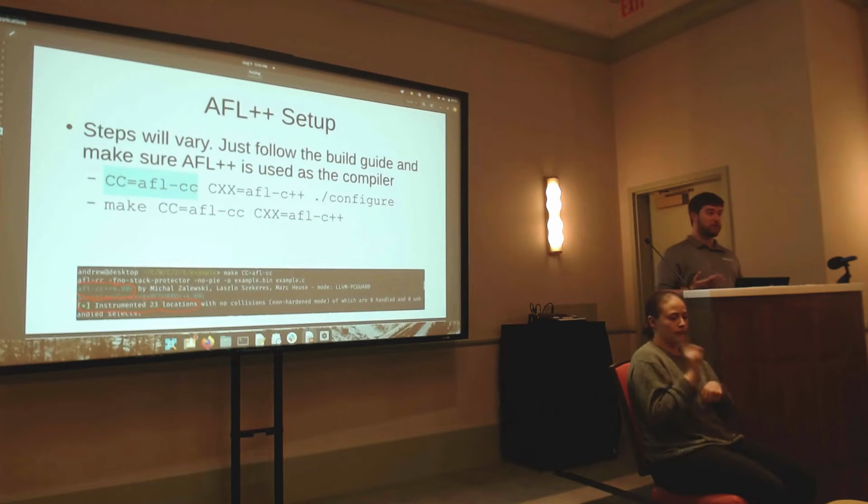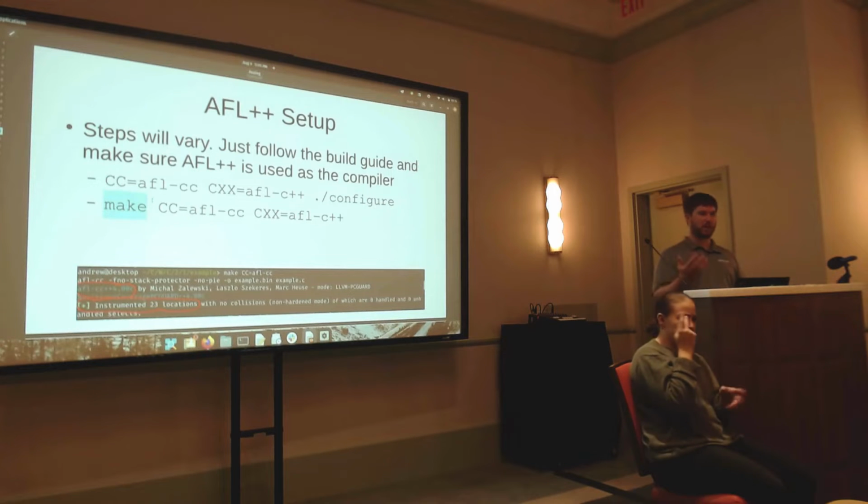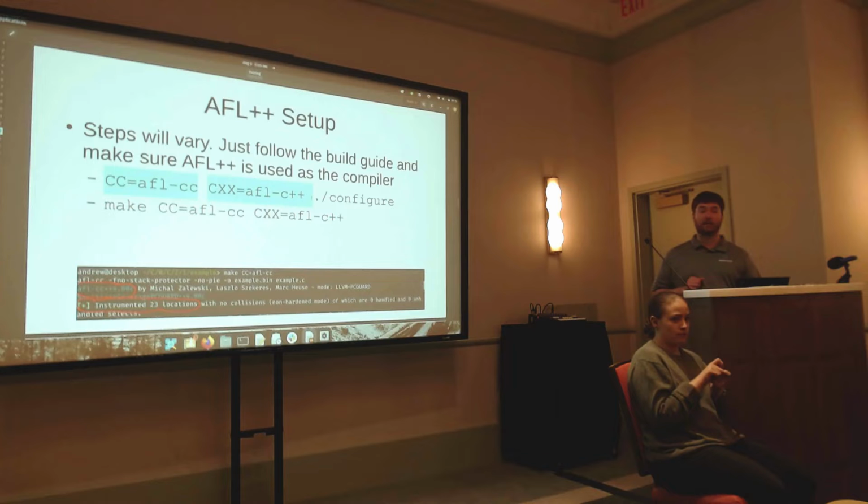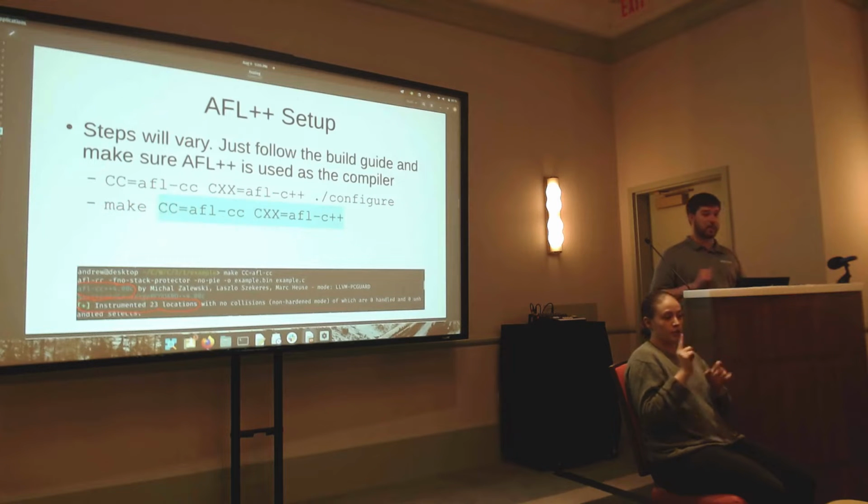With most of the GNU tools, the build process involves running ./configure and then make. Do those commands look familiar? Those things you've probably seen if you've built software from source before. So what we're going to do is either specify the compiler in environment variables when we run configure, or specify them in variables as arguments to the make command. That's the idea here.